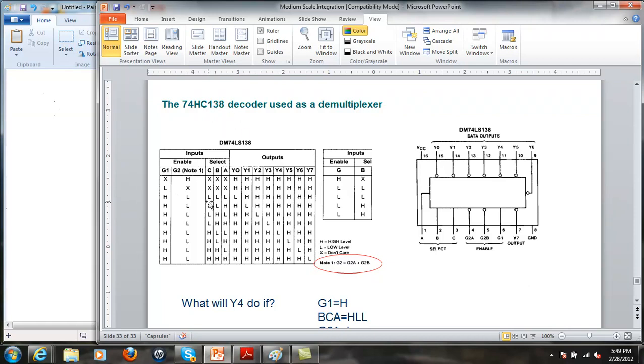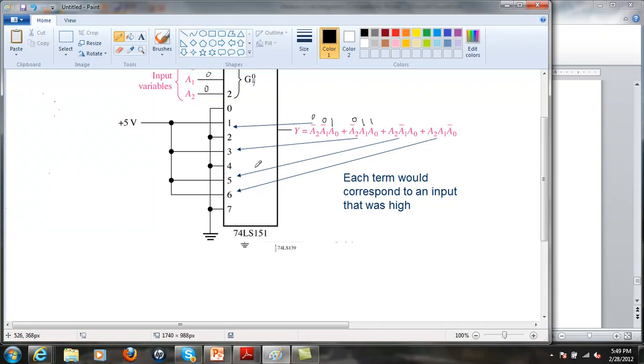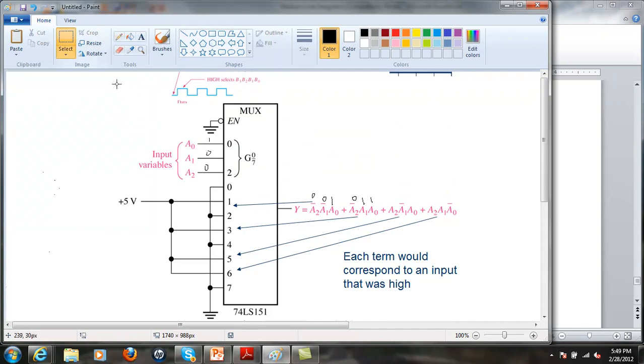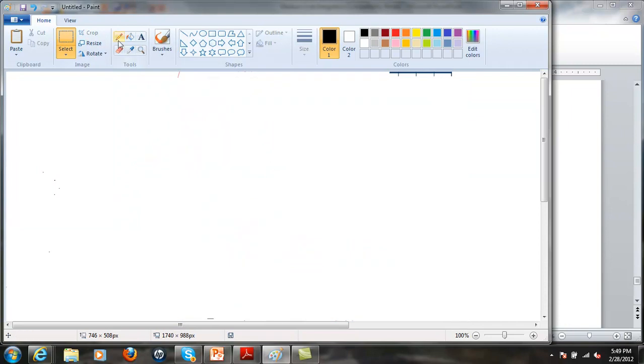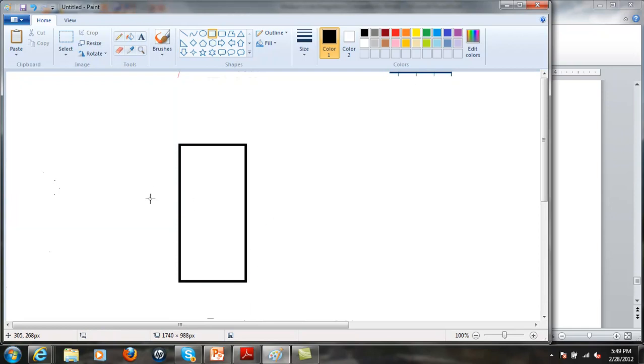So this is a 3-bit decoder used in a particular configuration so that instead of having multiple inputs, in this particular case, I've got one input and 3 select pins.